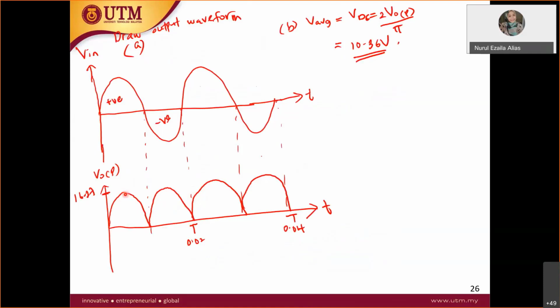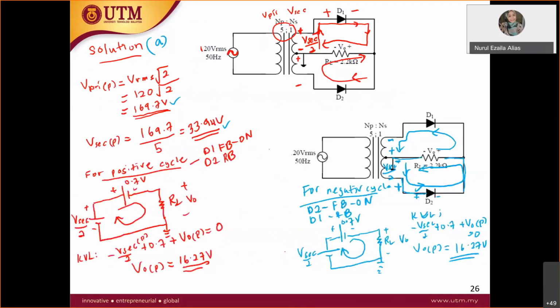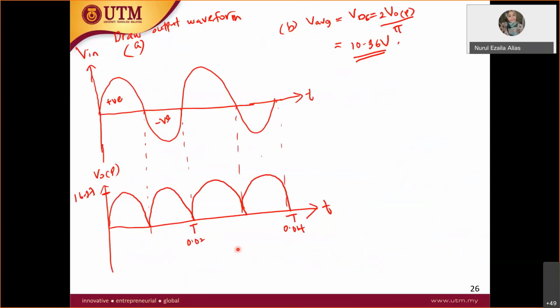Magnitude doesn't change, because the calculation of output voltage only involves the V secondary value and the voltage drop of the diode. It has nothing to do with frequency. Therefore, if your frequency doubles or decreases, the magnitude is the same.